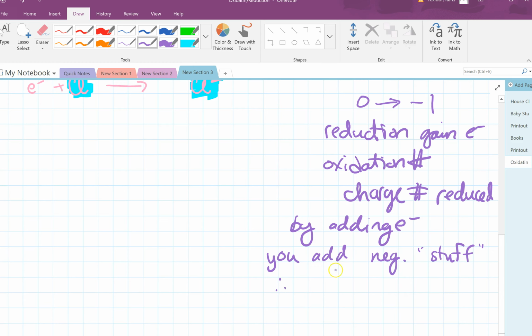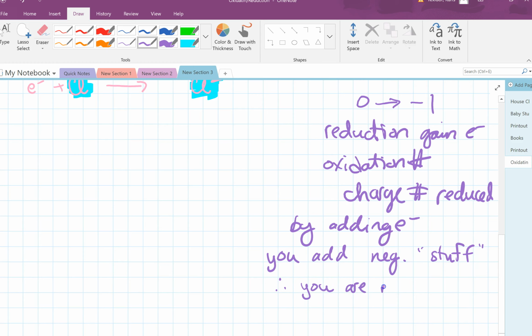Therefore, you are reducing your charge. So that is the kind of short, super simple version. That is really the only way to explain it so they understand it.